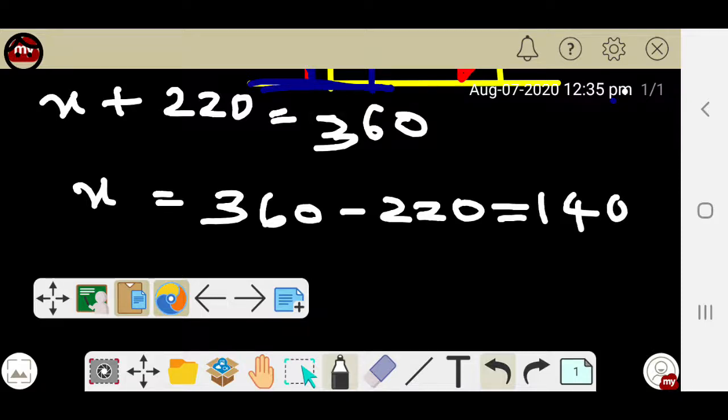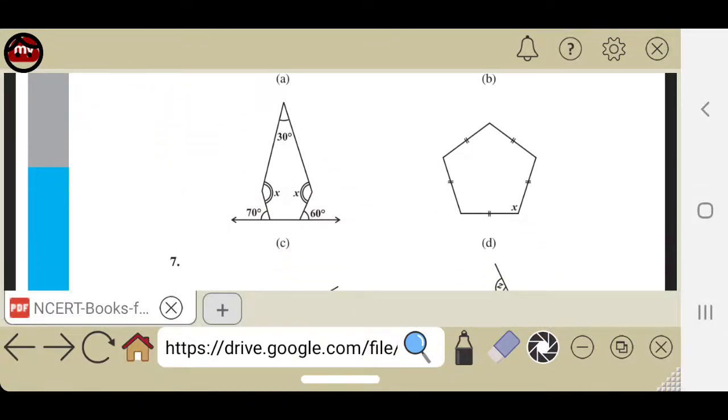Then next question. Here a figure is given. How many sides are there? 1, 2, 3, 4, 5.